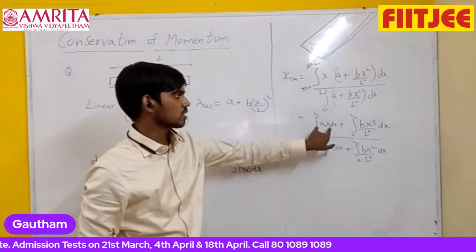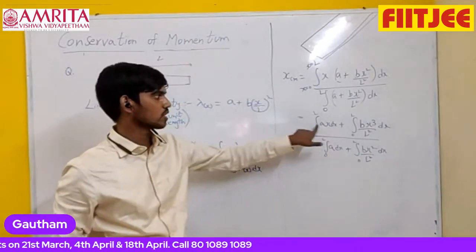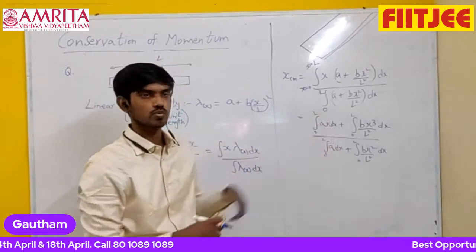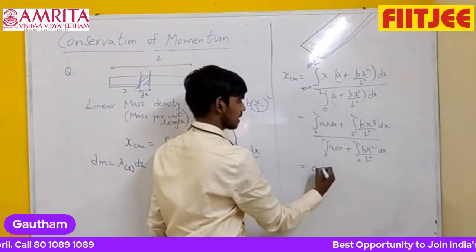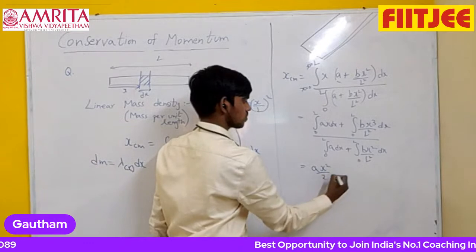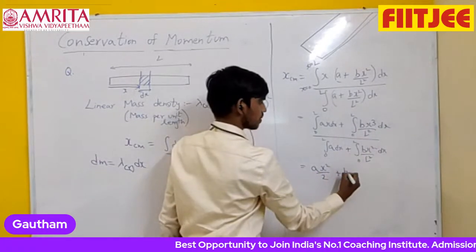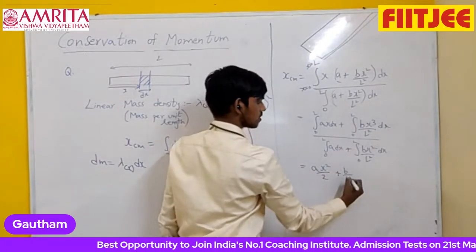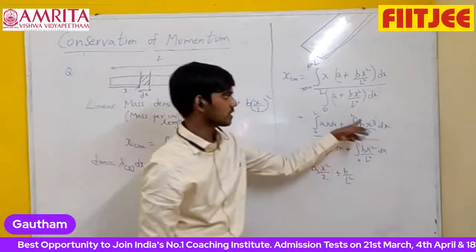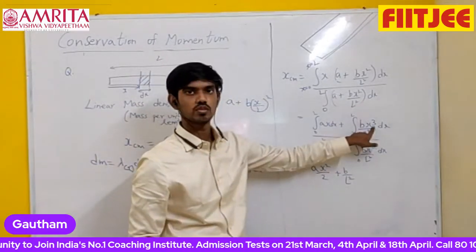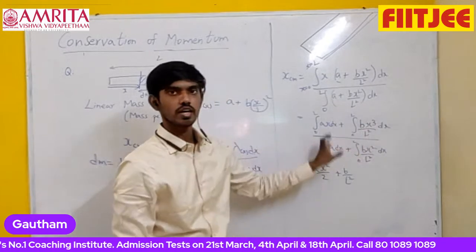When we integrate, a is a constant, so you can take it out. The integral of x is x square by 2. So this will be a into x square by 2 plus b by L square, which is a constant and can be taken out of the integration, into the integral of x cube, which is x power 4 by 4.